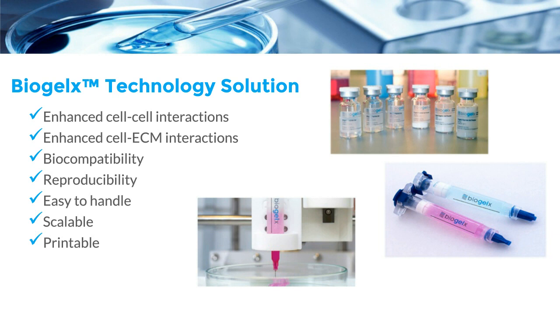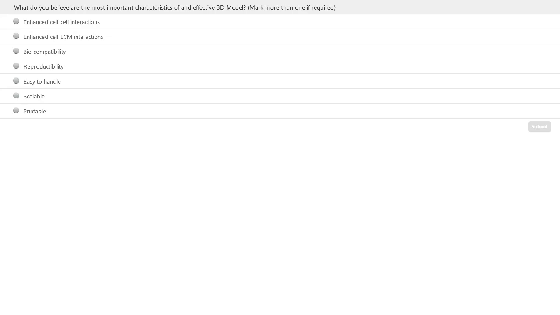We've got one polling question during the webinar today, which is really we're just curious to find out from the audience what you consider to be the most important criteria driving your selection of 3D models. You can select more than one of these if more than one are relevant to you.